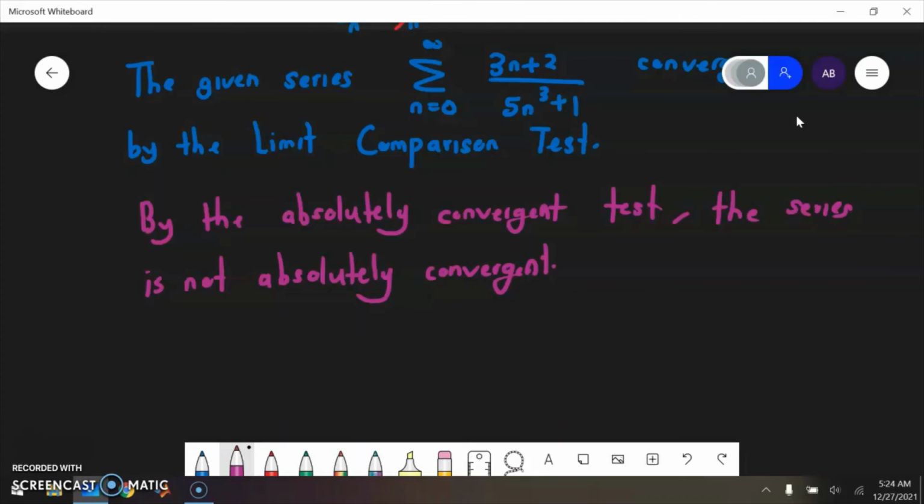This is when you happen to get the ratio test inconclusive, or you can say the ratio test fails to show you whether it converges or diverges. Okay, so let's look at another example.